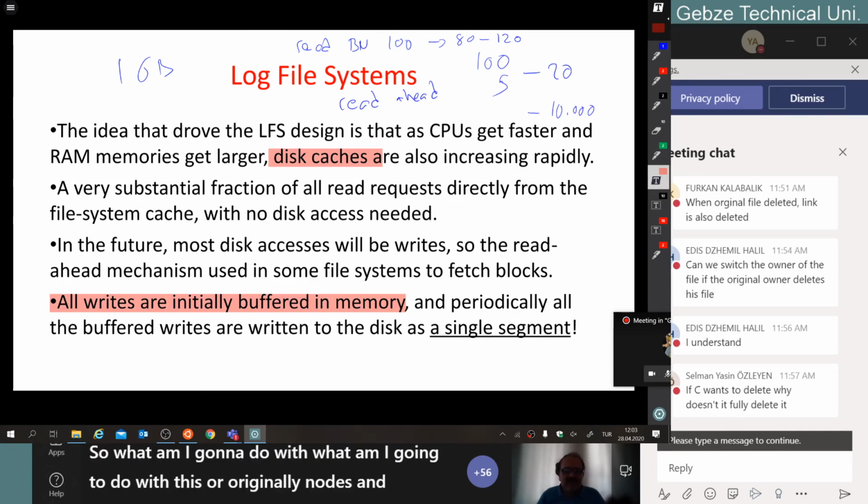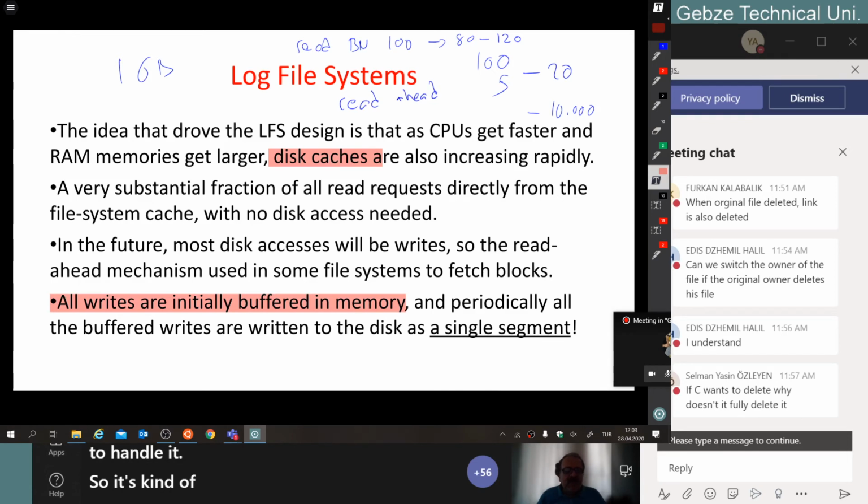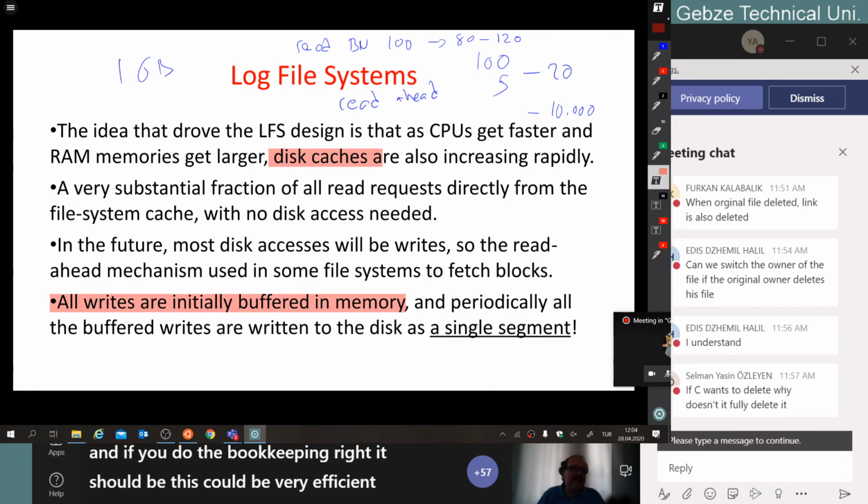You change their places. You need to handle it, so it's kind of messy to deal with this problem. You are not writing the original inodes and blocks to the original places. But if you are careful and do the bookkeeping right, this could be very efficient. This is called log file systems.